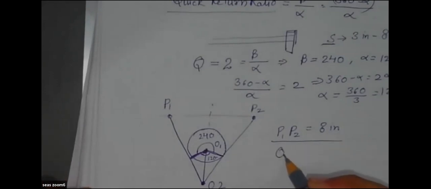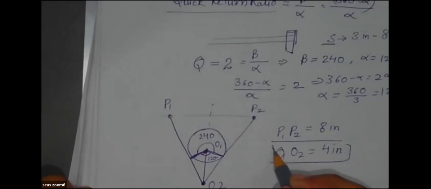So O1 to O2 is not given, and in this case we have to start, so we must assume one of the links. So I have assumed O1, O2 as 4 inch. You can ask me why I have assumed O1, O2 as 4 inch.